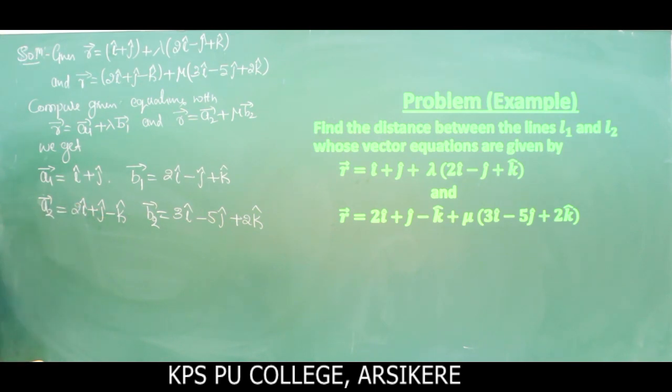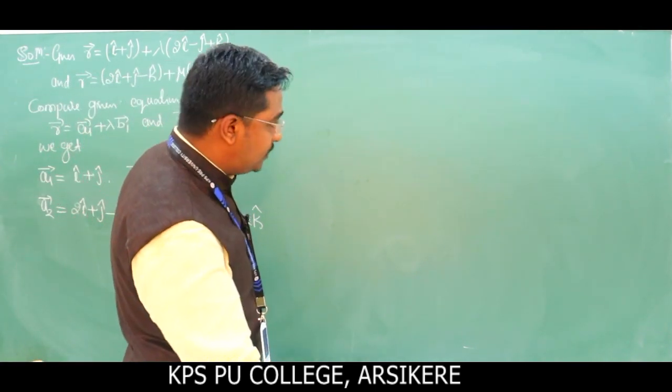Okay, this is the vectors a1, a2, b1 and b2.